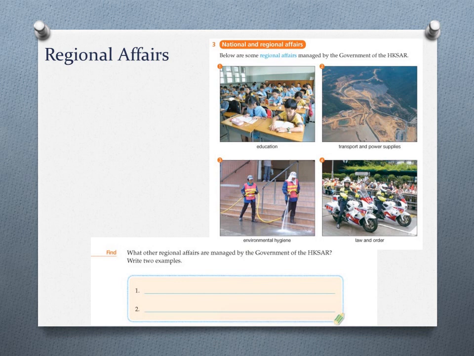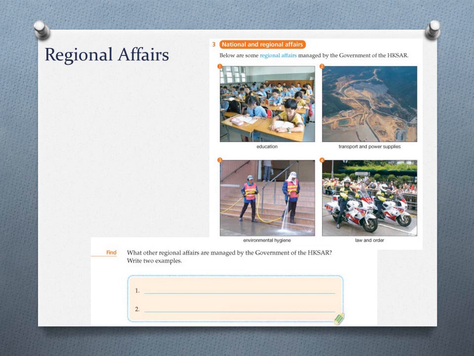Likewise, law and order, we still have the Hong Kong police, which takes care of law and order in Hong Kong. Environmental hygiene, our government has its policies in place and takes care of it, as well as public transport, medical facilities, hospitals, and many other activities and affairs.